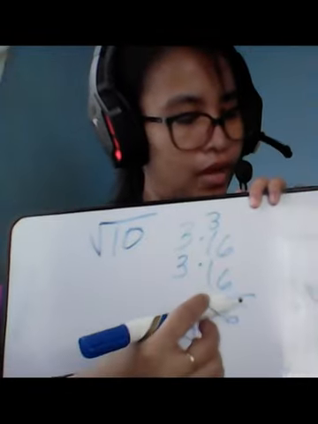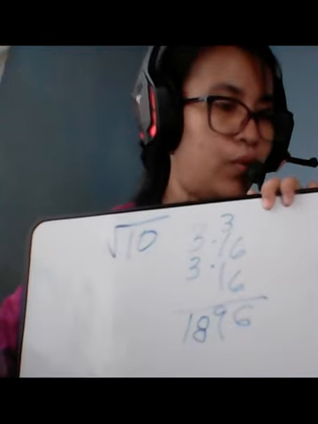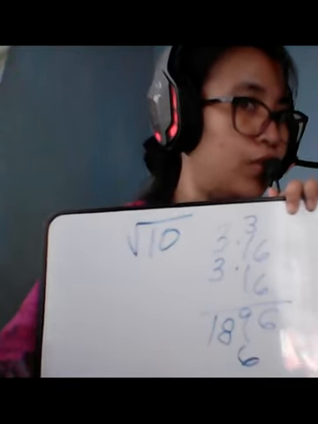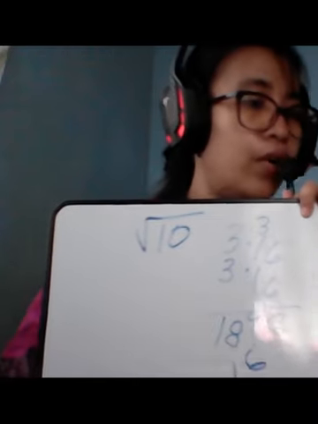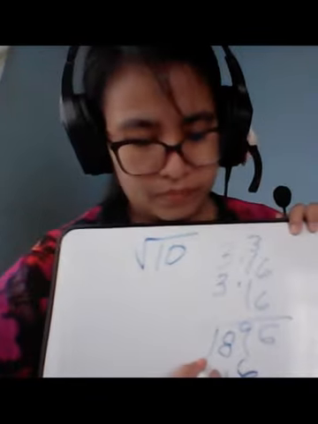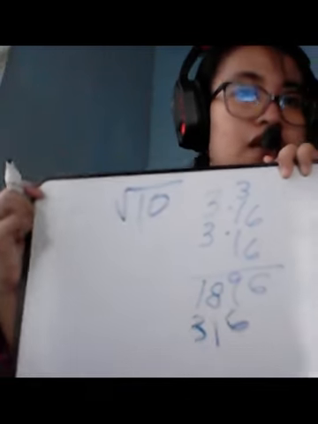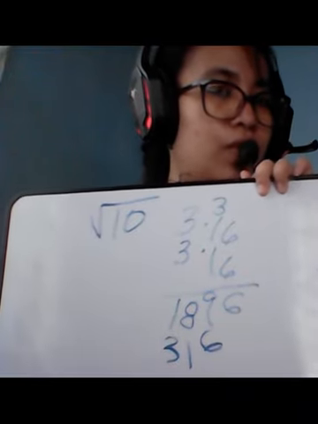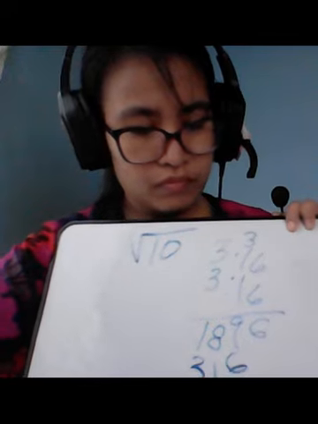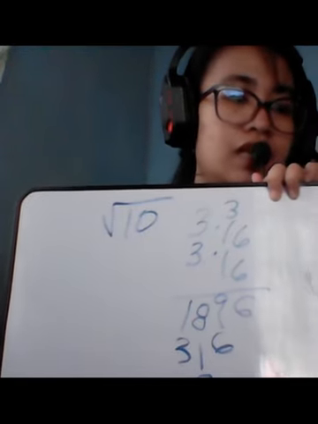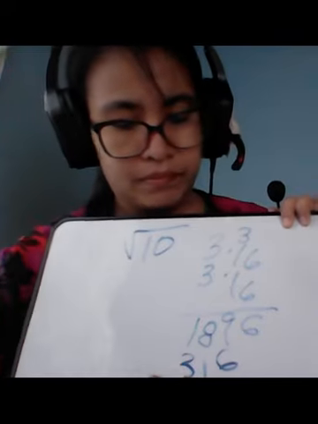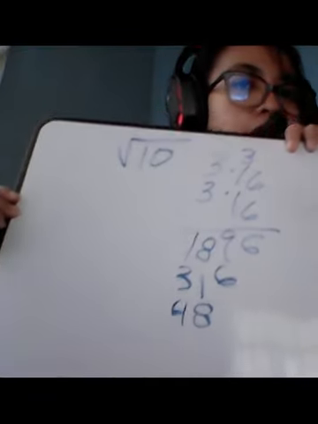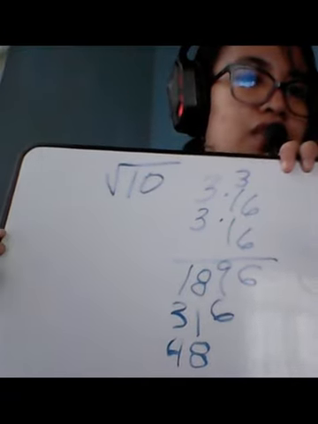Next, we have 1 times 6 equals 6, 1 times 1 equals 1, 1 times 3 equals 3. So we have 316. And for the last one, 3 times 6 equals 18, 3 times 1 equals 3, next, 3 times 3 equals 9.